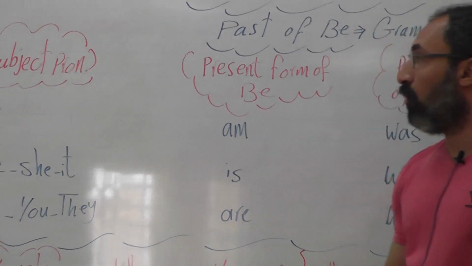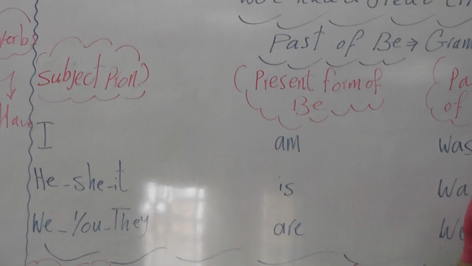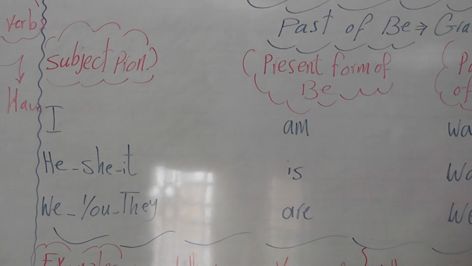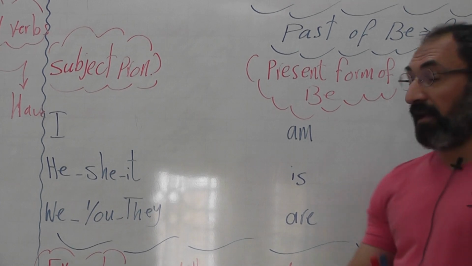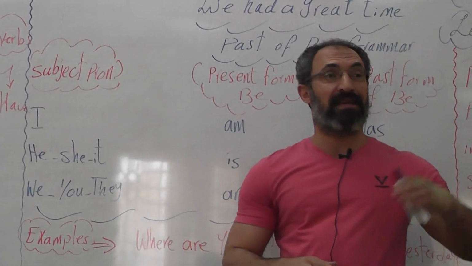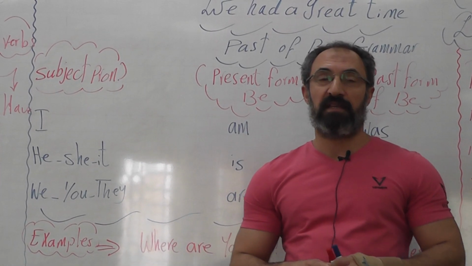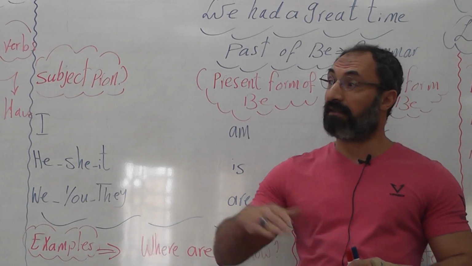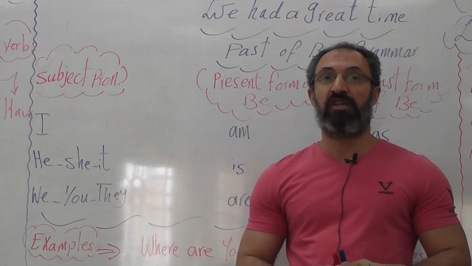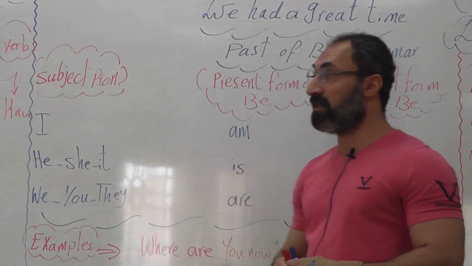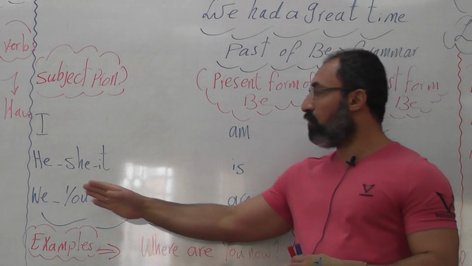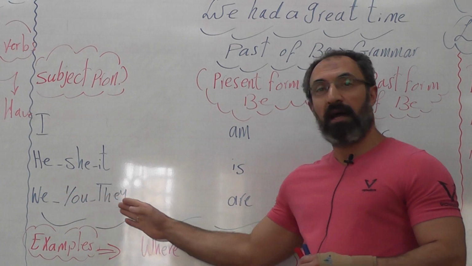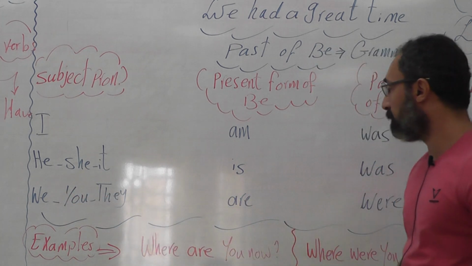So if I say, what is that? That is a whiteboard. It is a whiteboard. If I ask again, what is his name? He is Muhammad. And what is her name? She is Sarah, because she is a female person. Then we have we, you, and they.